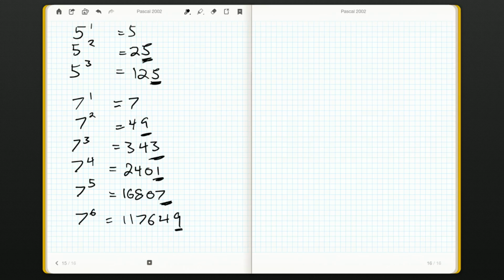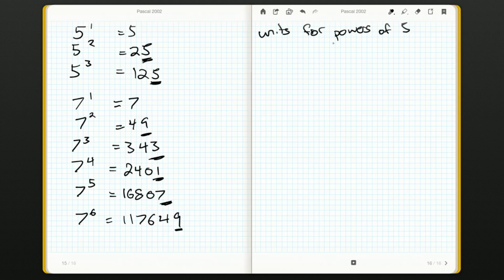So the units digit for powers of 5 is always 5.